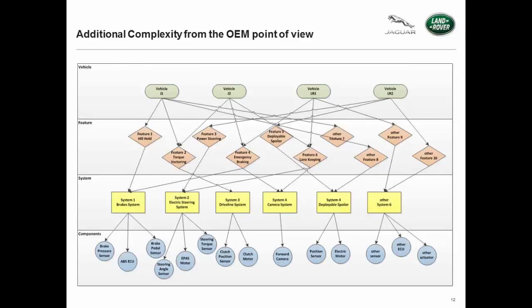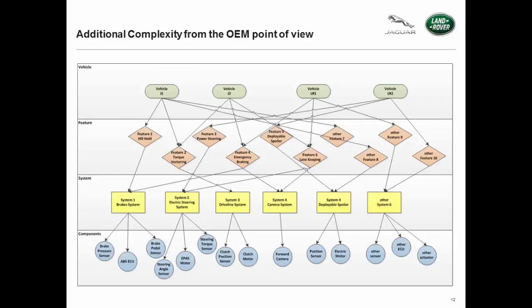And we've gone to dividing up the functionality on our vehicles into features and systems now. So each vehicle consists of systems and features, and our functional safety process currently runs on these features and systems. Features might be shared across vehicles, they might be slightly different.